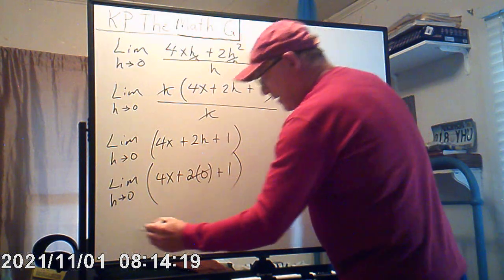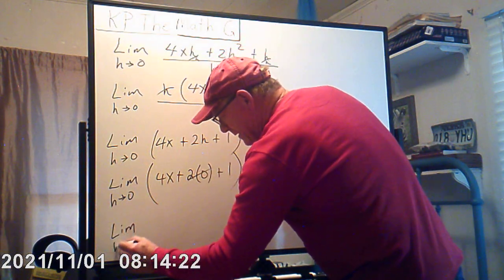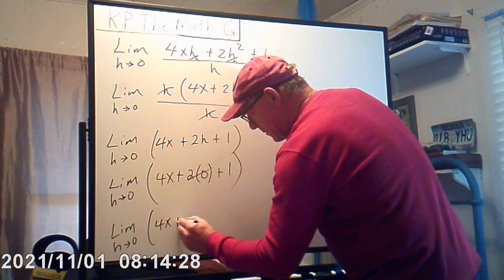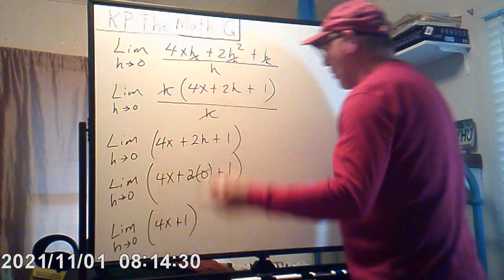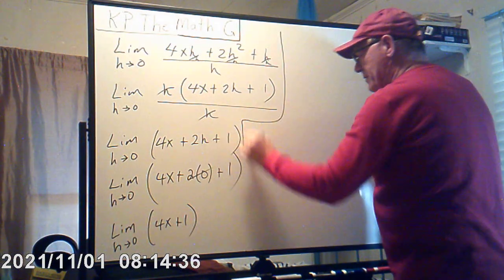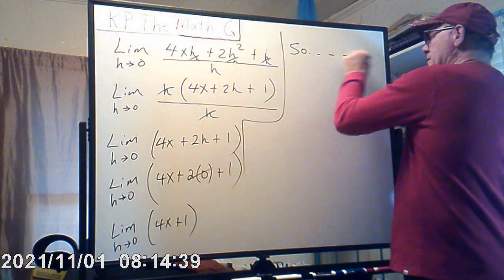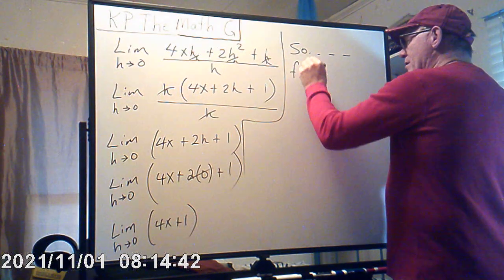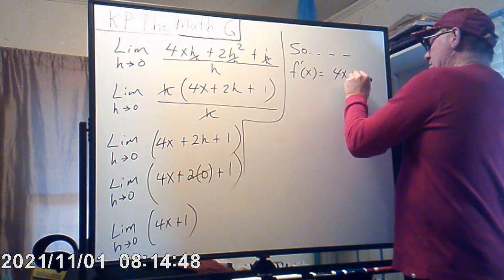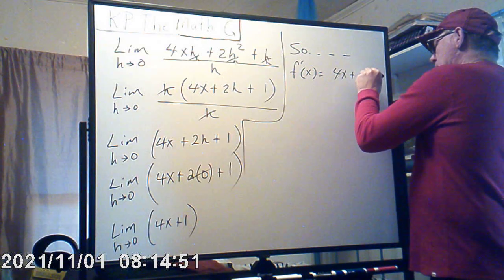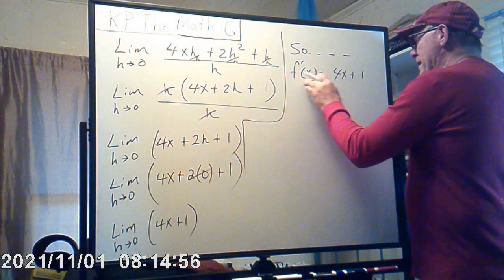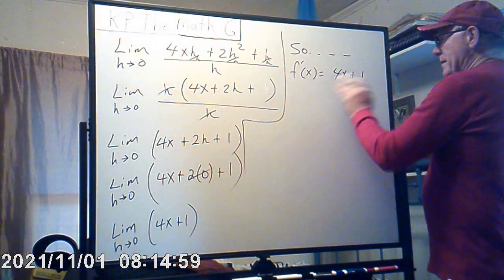And now we see that we have the limit as h approaches 0, 4x plus 1. So, I don't know, let's put something up here. So what? So, well, f prime at x is equal to 4x plus 1.